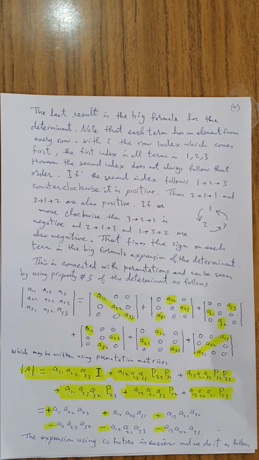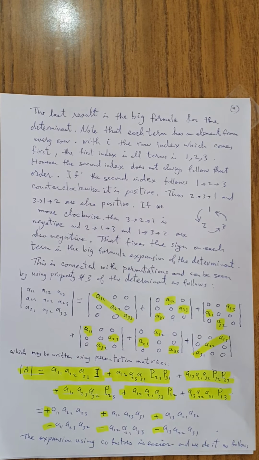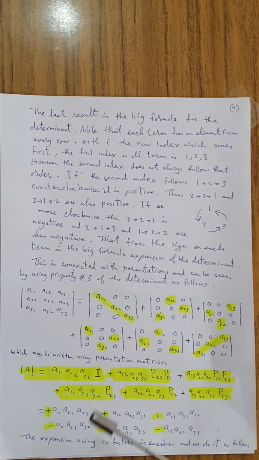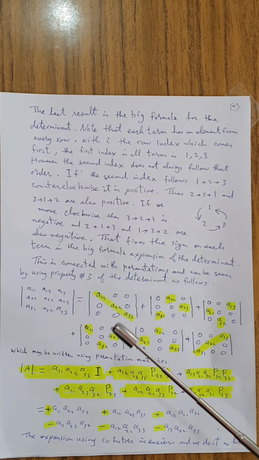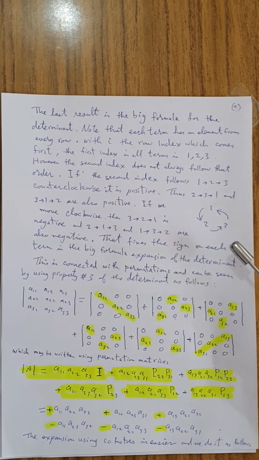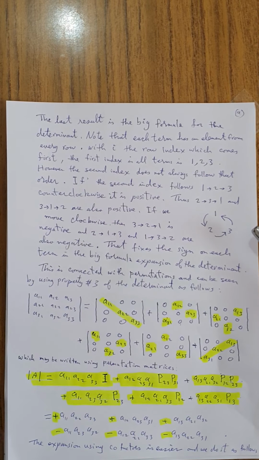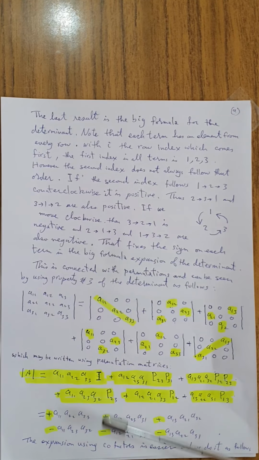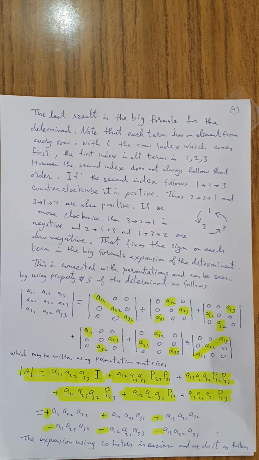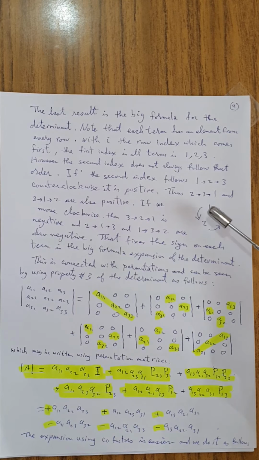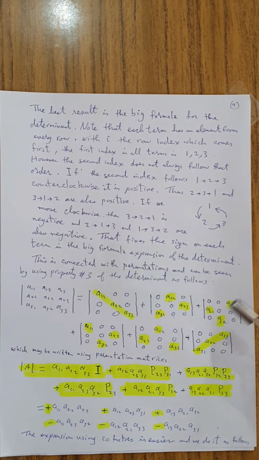2 row exchanges means a positive sign, but the other 3 determinants here have different column orders. Sorry, for the first one, 1, 2, 3 is positive, but for the fourth term here, it is 1, 3, 2, clockwise, so negative.